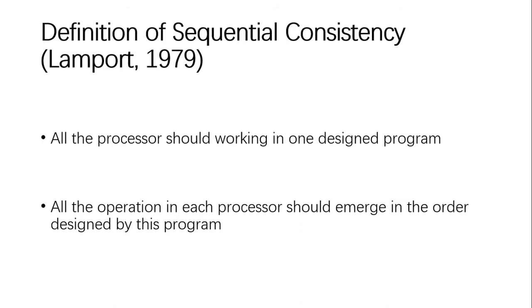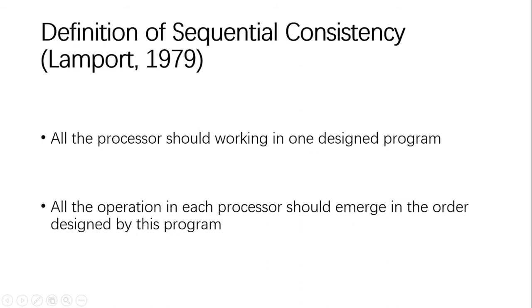The second one is from the view of one single thread. All the operations in each process should appear in the order designed by the program. This means that the instructions inside each thread are executed in program order.